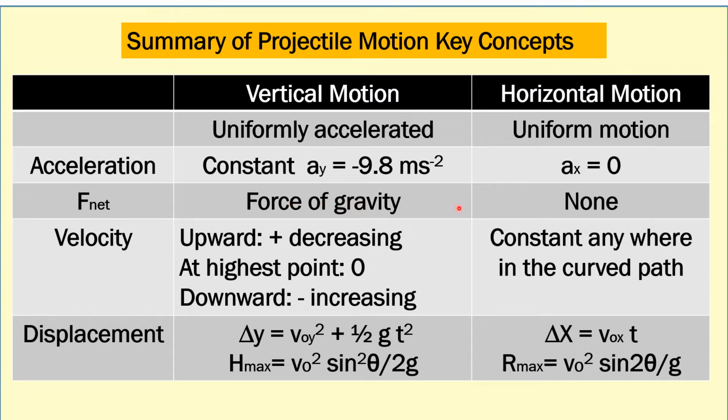For the horizontal component of the motion, there is no net force. There is no net force along the horizontal, and that is the reason why its horizontal acceleration is also equal to 0.